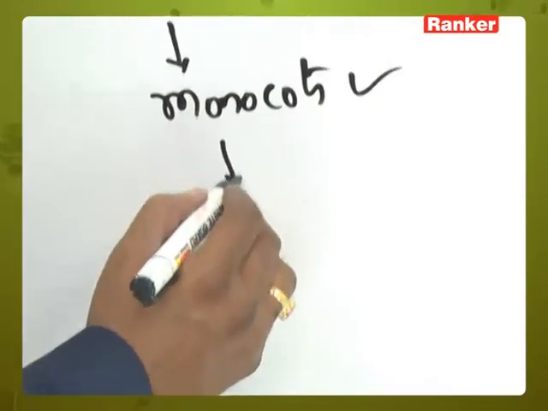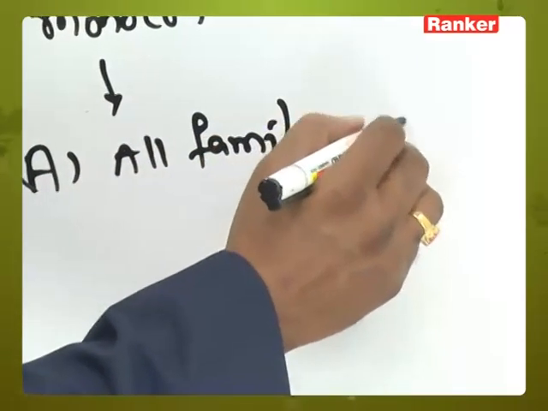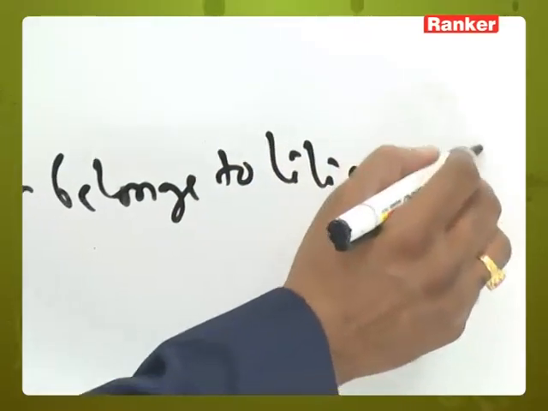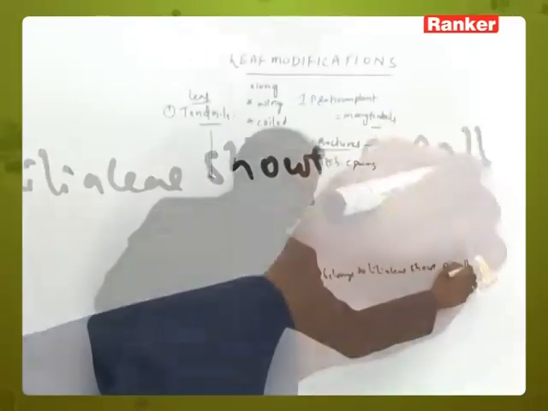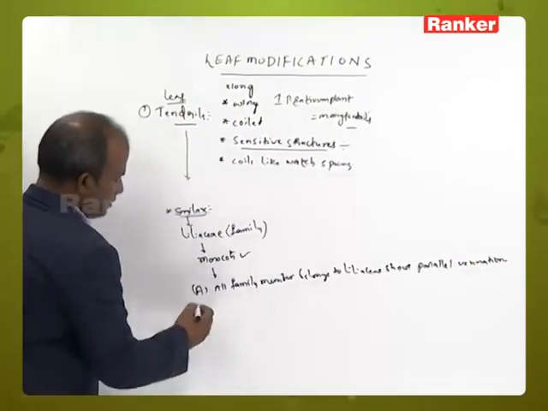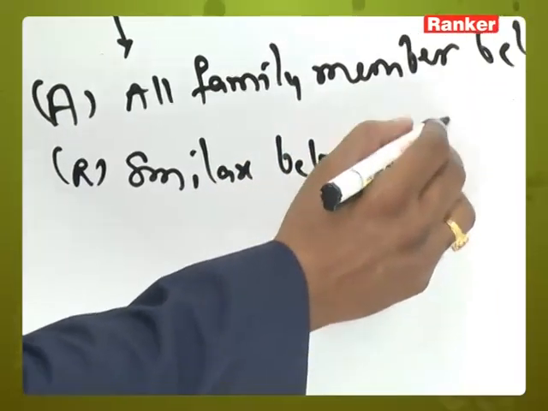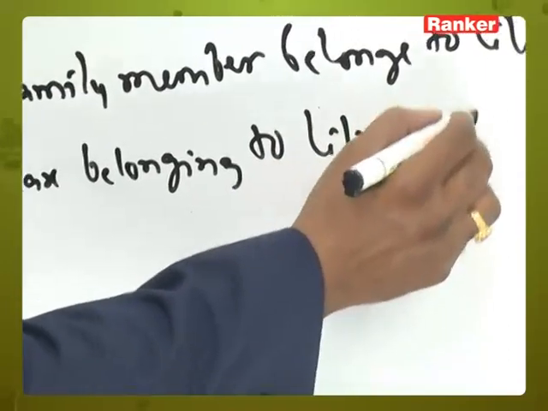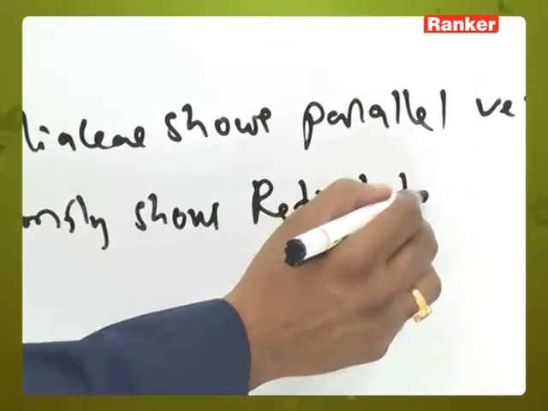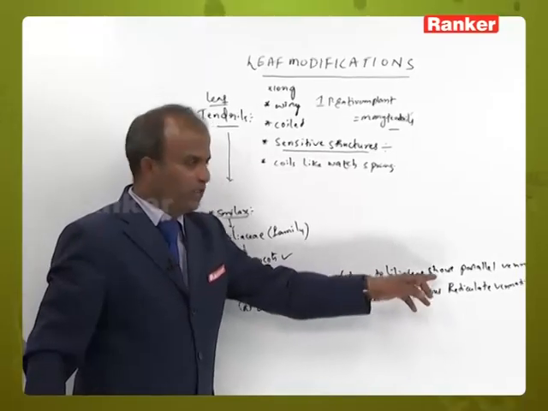Now see the assertion: all family members belonging to Liliaceae show parallel venation.